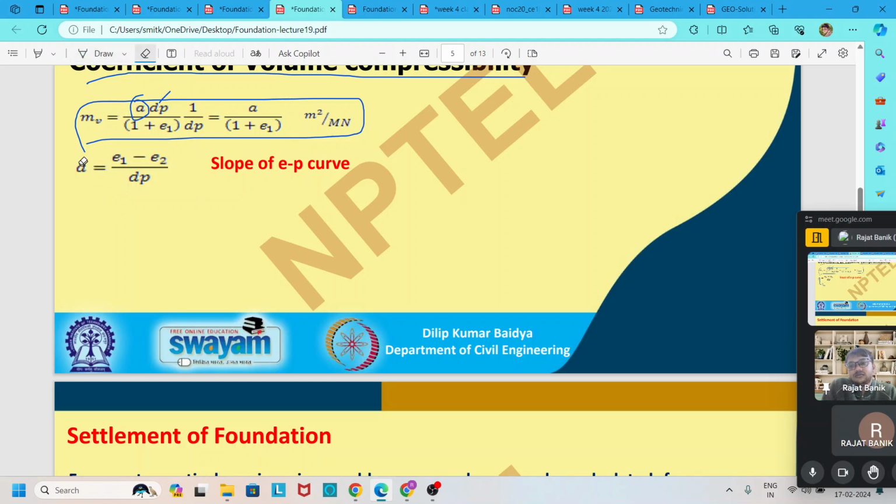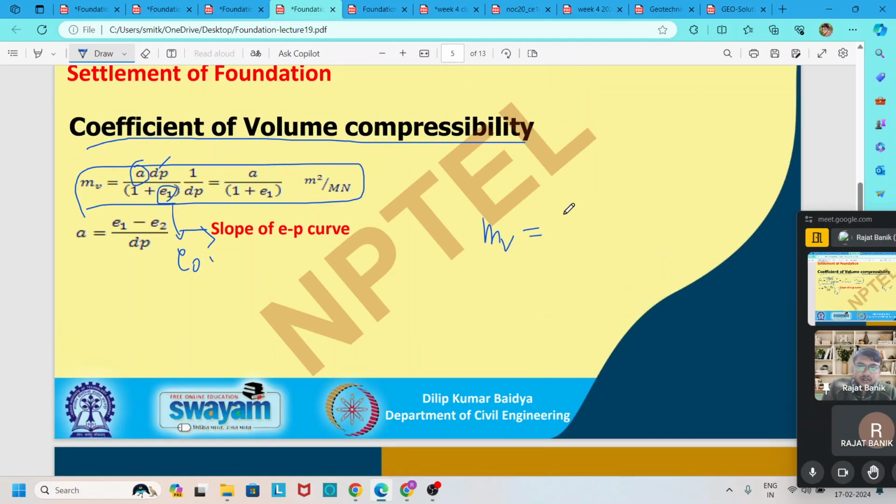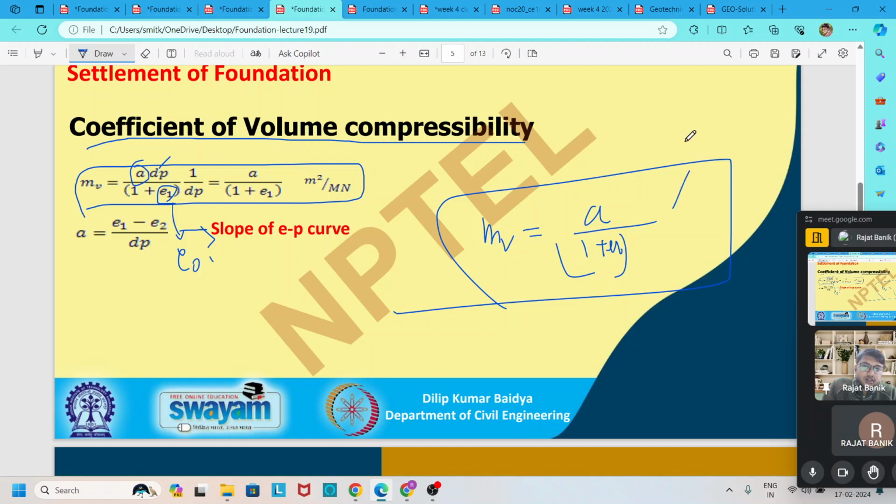And e1 is the initial void ratio, also called e naught. So our coefficient of volume compressibility mv is equal to a, the slope of the e-p curve, divided by 1 plus e1, and the unit is meter square per kilonewton.